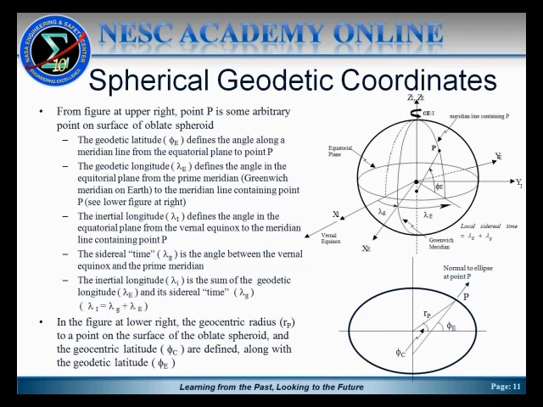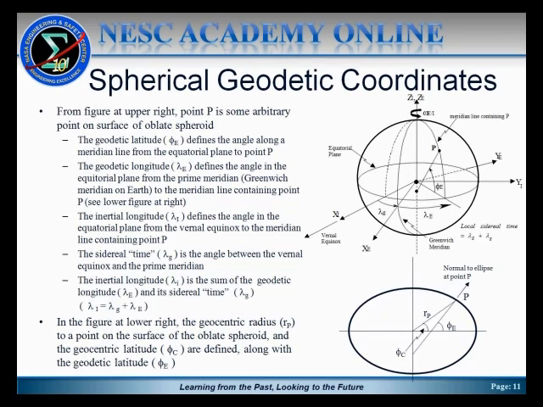On the figure at the upper right, you can see depicted, as we just showed also on the previous slide, geodetic latitude is defined or depicted by the symbol phi sub e, and it defines an angle along a meridian plane from the equatorial point to point P. Again, the geodetic longitude is lambda sub e, and that's an angle in the equatorial plane from the prime meridian to the meridian line containing the point P. The inertial longitude is nothing more, as we described earlier, than the sum of the sidereal time and the geodetic longitude.